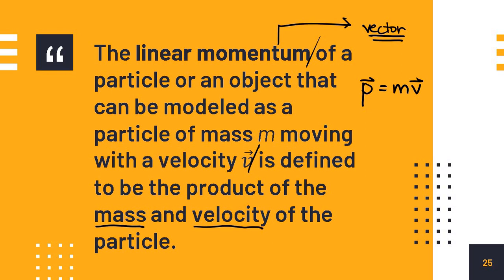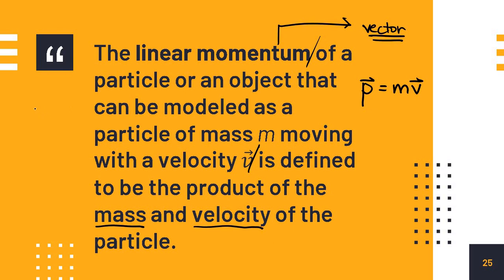Now aside from linear momentum, which uses the product of mass and velocity to gather its own magnitude and direction, another physical quantity in physics also uses mass and velocity in its formula.